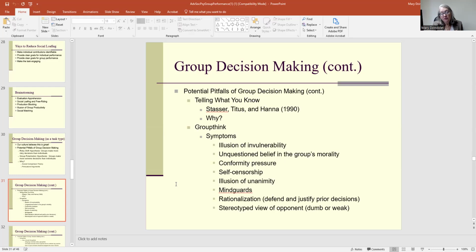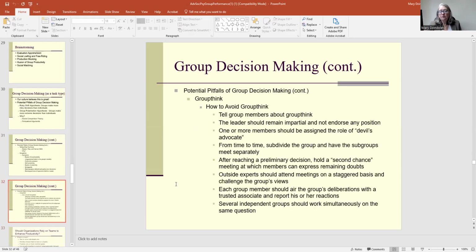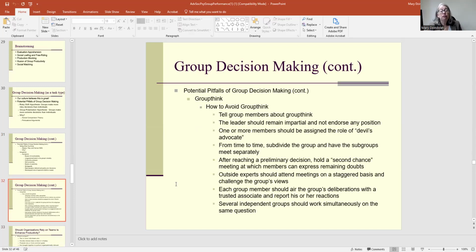They had this illusion of invulnerability, this unquestioned belief in the group's morality, definite conformity pressure with this illusion that everyone agrees, absolute mind guarding, and definitely a stereotyped view of the opponent, that Saddam Hussein was delusional.